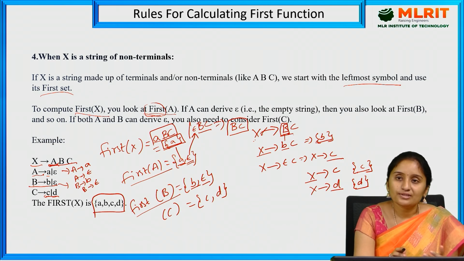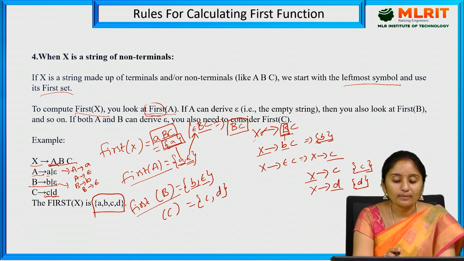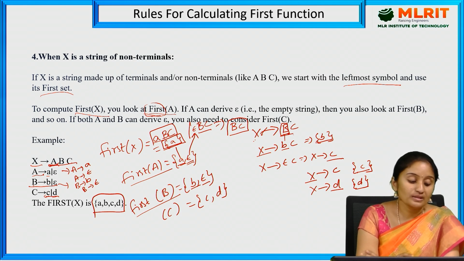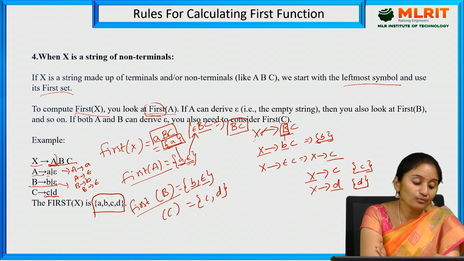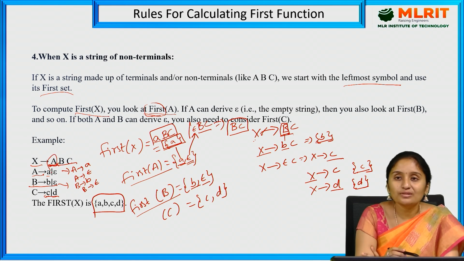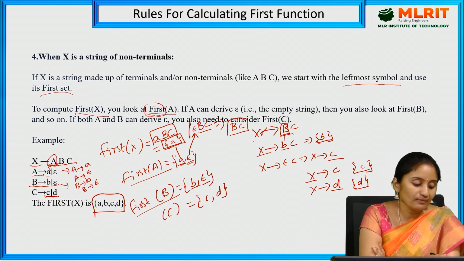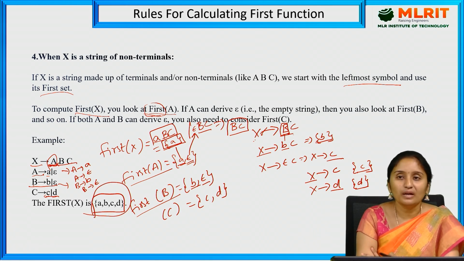If a string has non-terminals, we need to find each non-terminal's first function first, and then we can find the first of that string. So these are some rules of the first function.